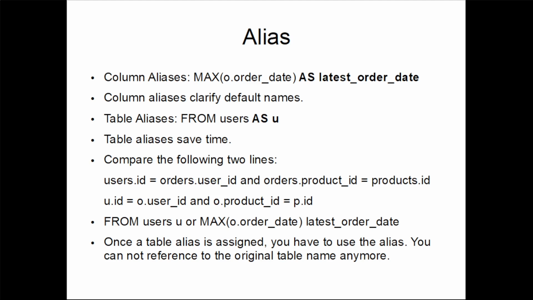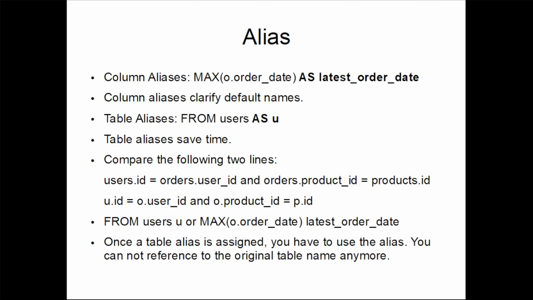From users u, or max(o.order_date) latest_order_date works just fine. I always use these aliases in a select statement right after the from clause. I also make sure every alias is on a new line, so I can find them easily. It is just a habit, as it makes the query more predictable and easier to read.